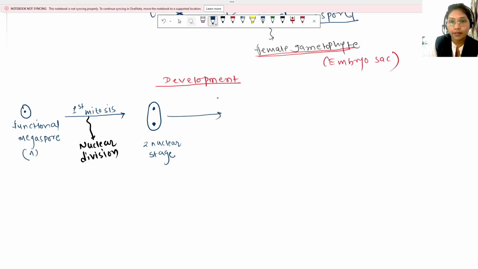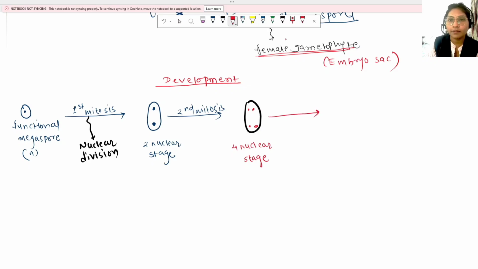Then the second division takes place, second mitosis. And here also the cell formed has a 4 nuclear stage.